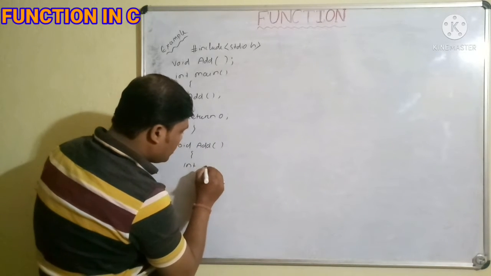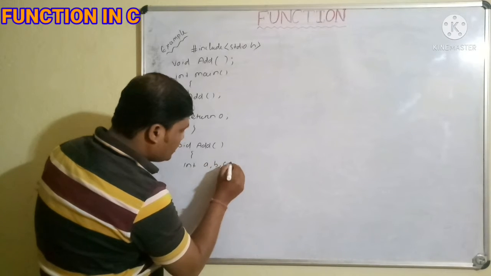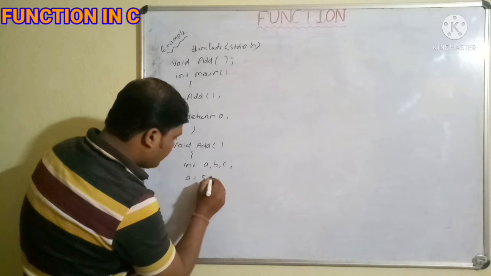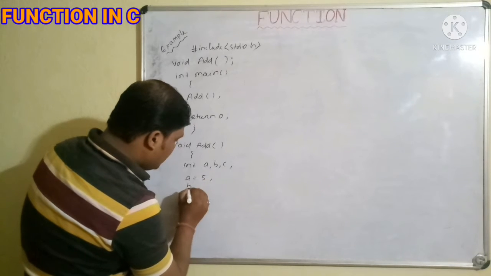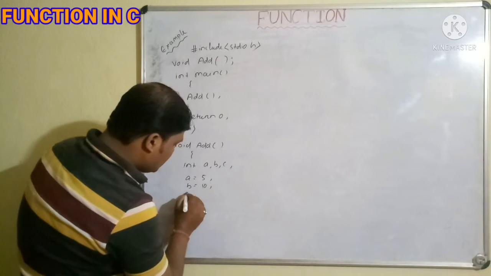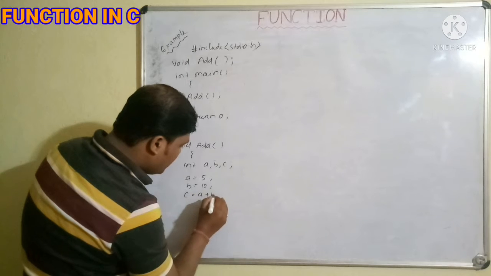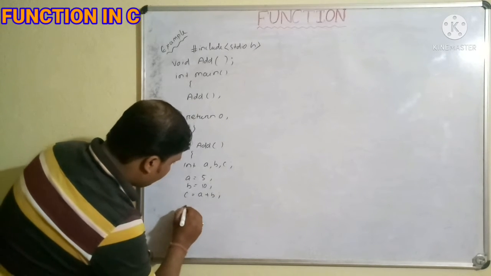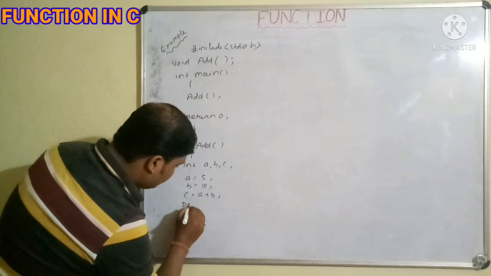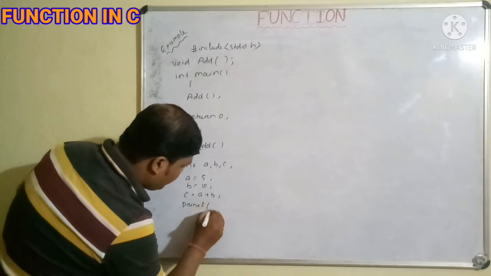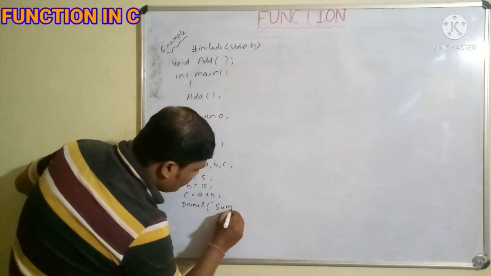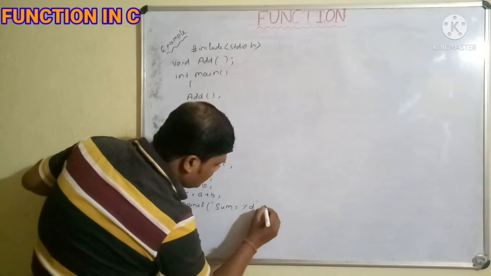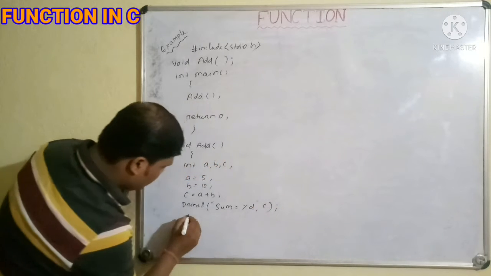Suppose I am taking integers a, b, c, then a equal to 5, b equal to 10, c equal to a plus b, and I am printing printf sum equal to %d, c.